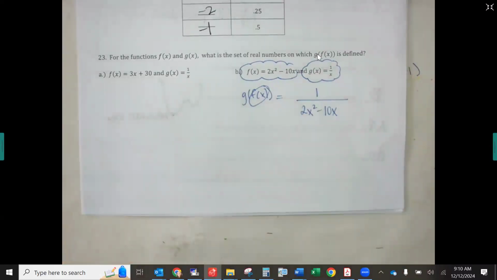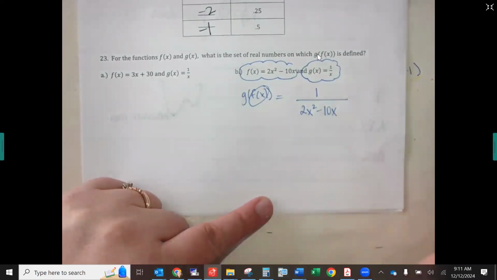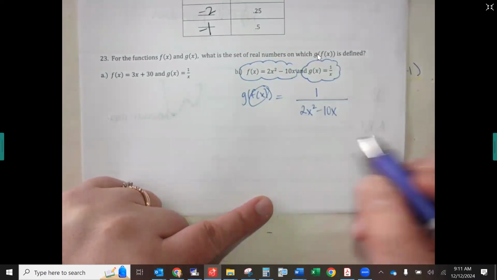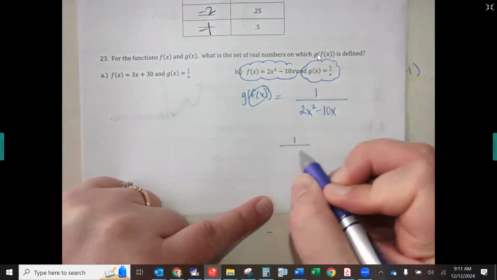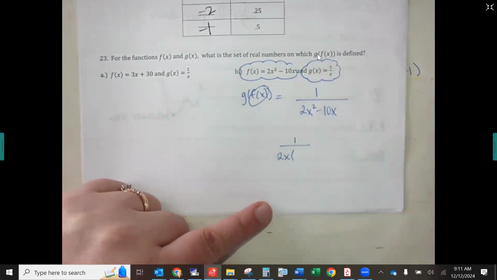And then from there, you should know how to find what your X's can't be. It's going to be any vertical asymptotes or holes. Remember, that comes from factoring the bottom. So how could I factor the bottom of this guy? What could we take out? 2 and X. Very good. So I'm going to have a 2X on the outside. That's going to leave me with an X minus 5.